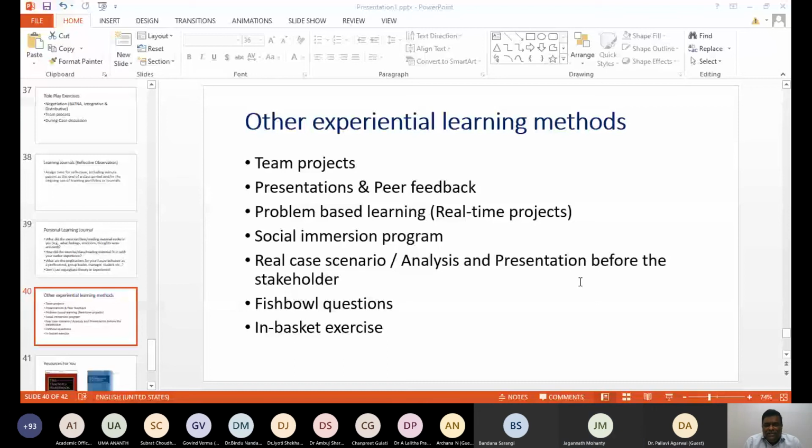Fishbowl technique. I use this in relation to the Johari window technique. I'm sure you must be knowing about Johari window, wherein how important it is for the students to know about themselves by asking feedback from others, and how important it is for them to share about themselves to others so that others will have a better idea about them, right?